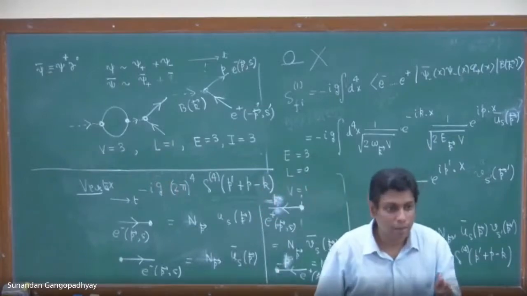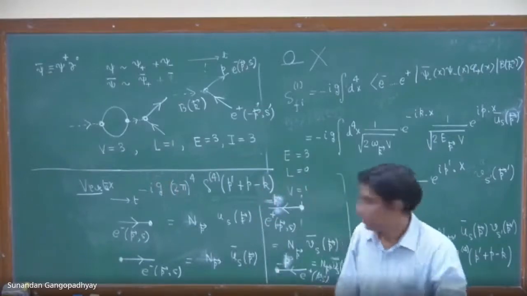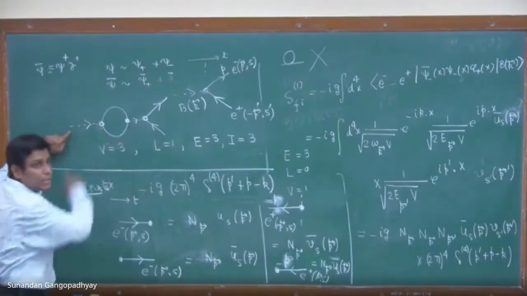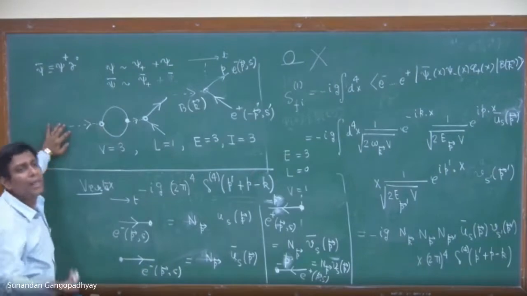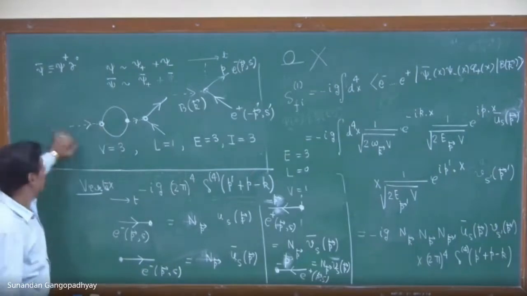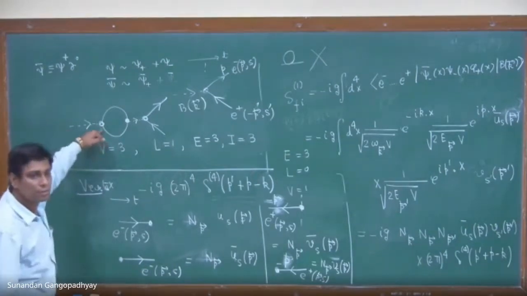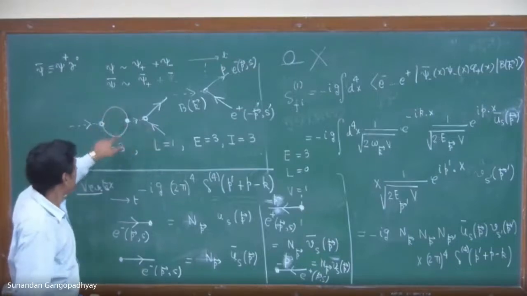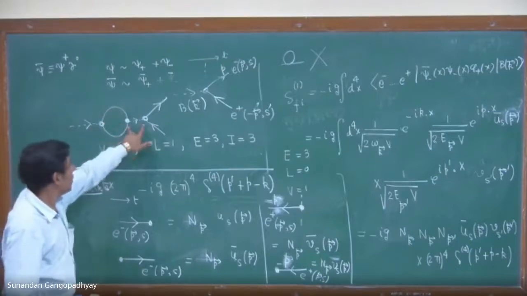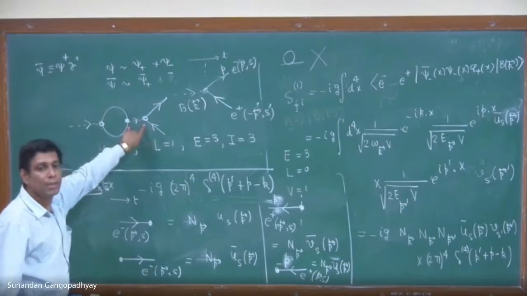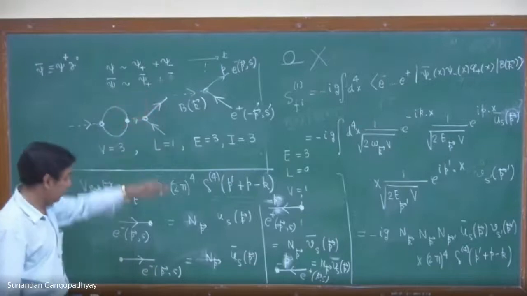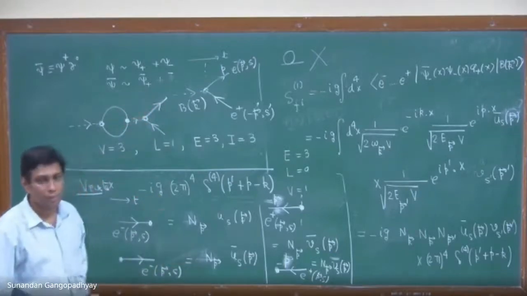See, this external line, what is the Feynman rule for that? Vertex, you know. This vertex you know. Fermion propagators you know. This scalar field propagator you know. External electron, positron, external line we have derived. You can write it down.